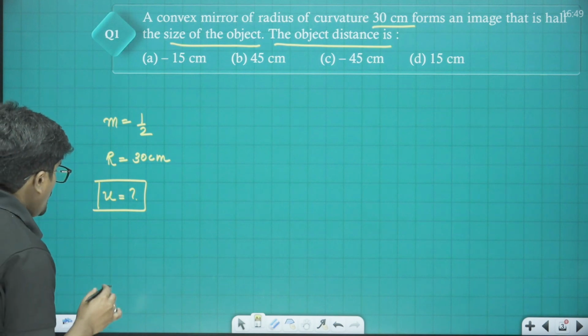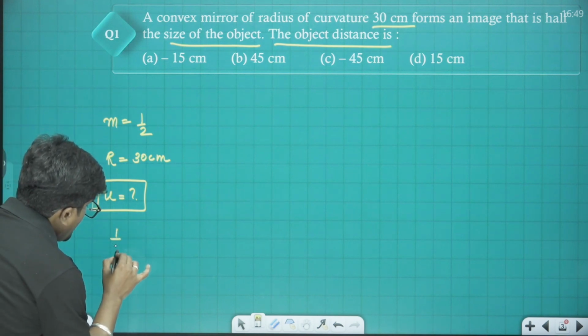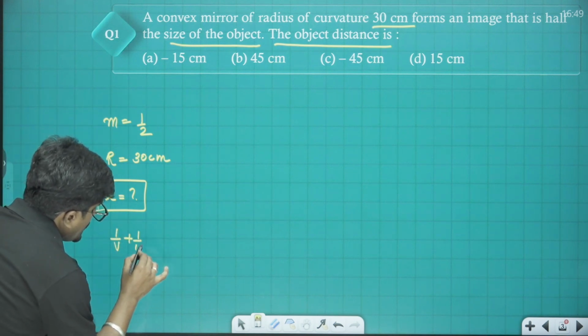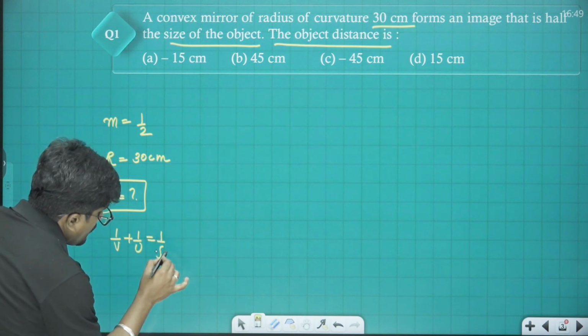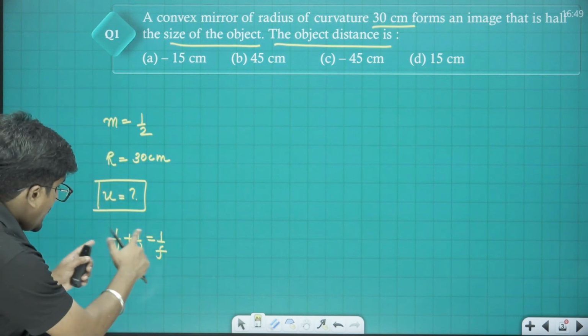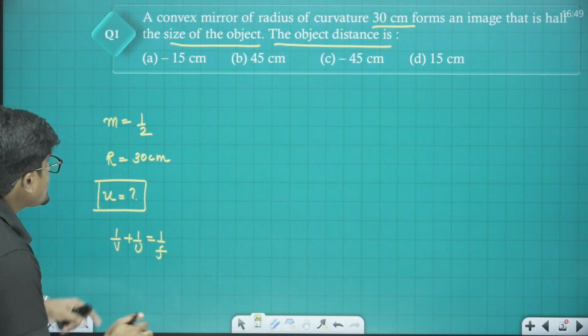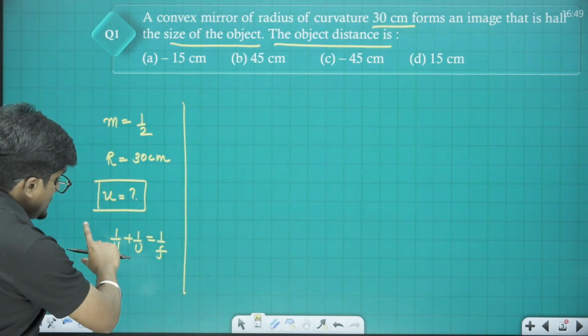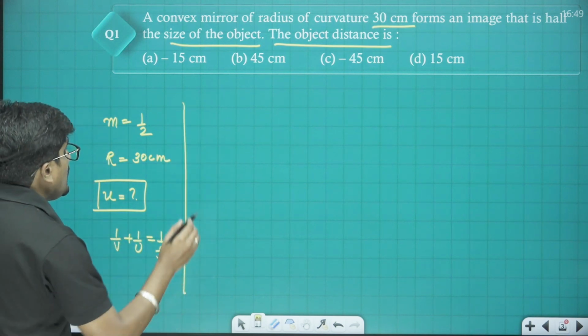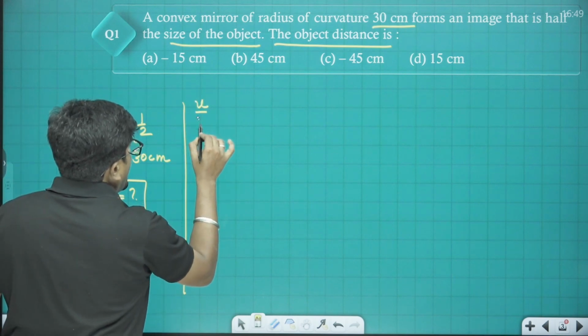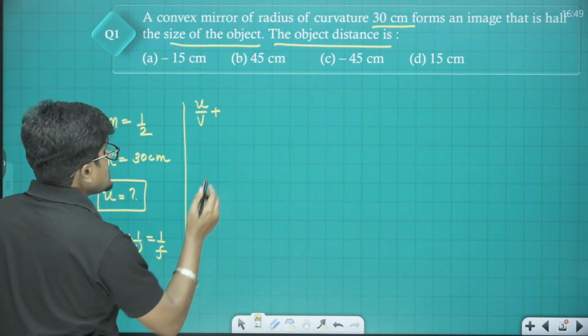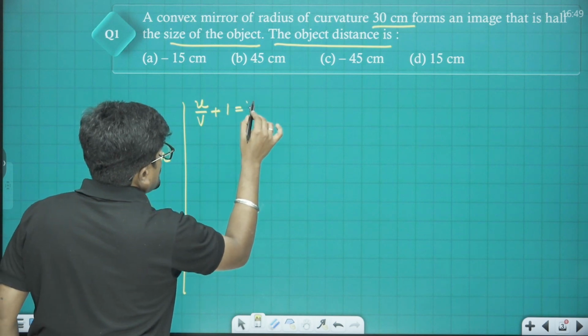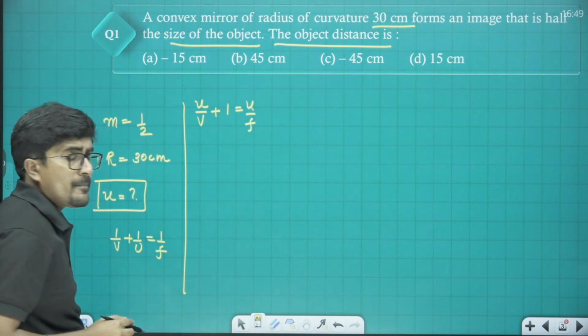Clear? We all know that 1 by v plus 1 by u equals 1 by f. Let me multiply this entire equation with u. Then u by v plus 1 is equal to u by f.